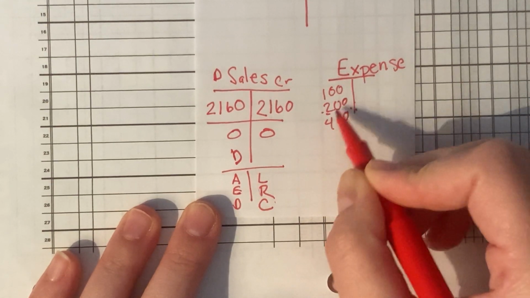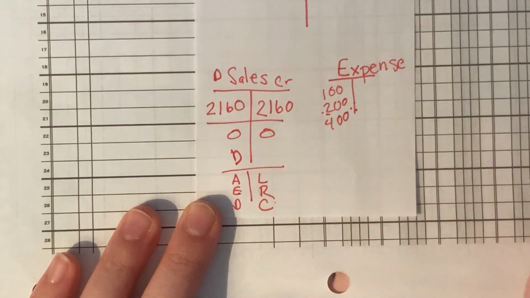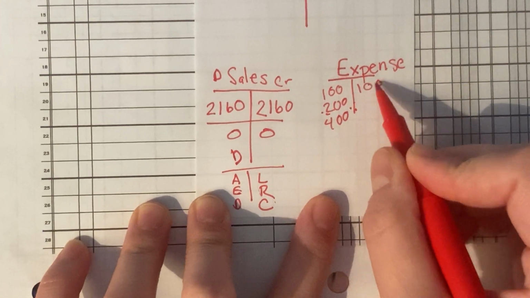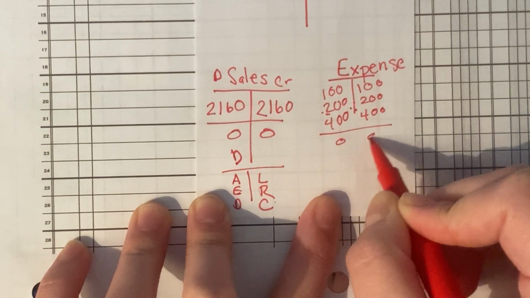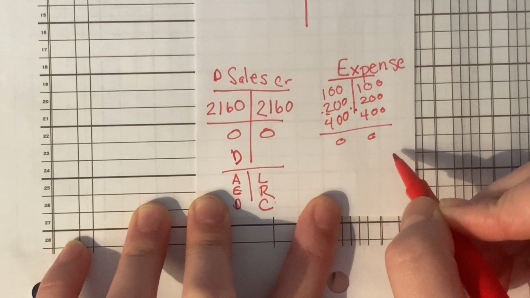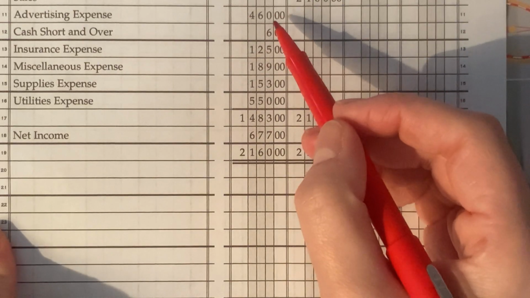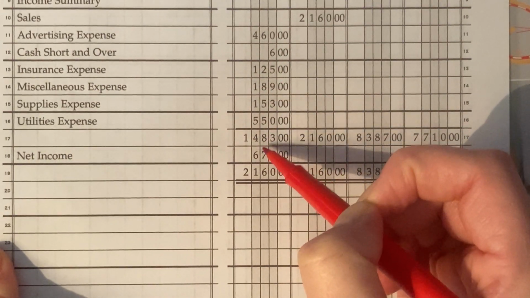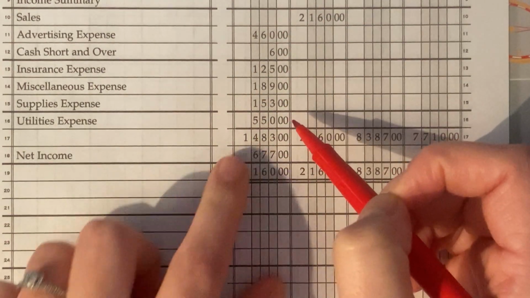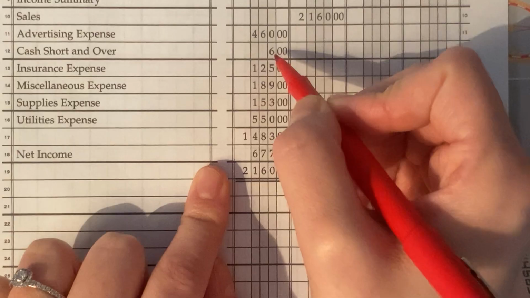If we want to get rid of those numbers, we need to put them on the credit side. So we would do 100, 200, 400, and now we're down to zero. That's just a template. That's just an example. But for this one, we have 1, 2, 3, 4, 5, 6 expenses that need to be closed out. We cannot just write the total. We have to write out each one.